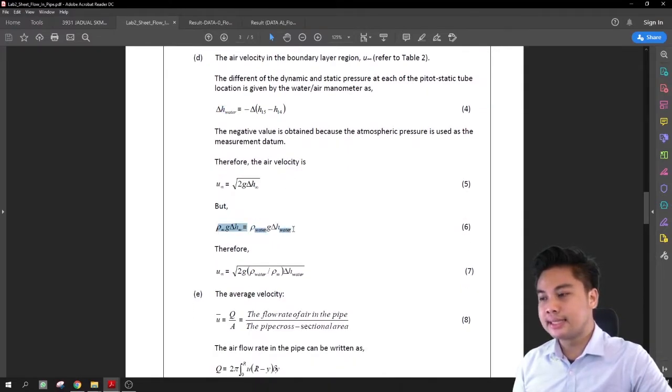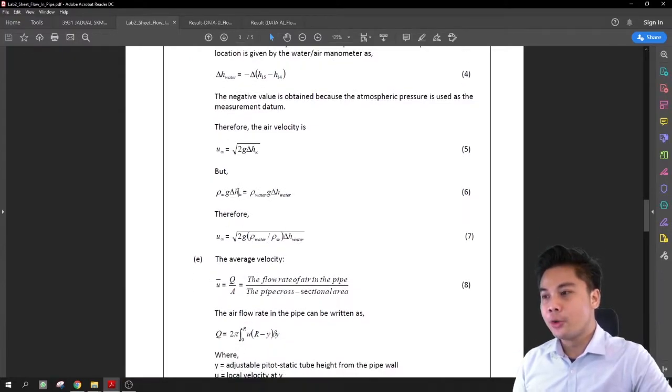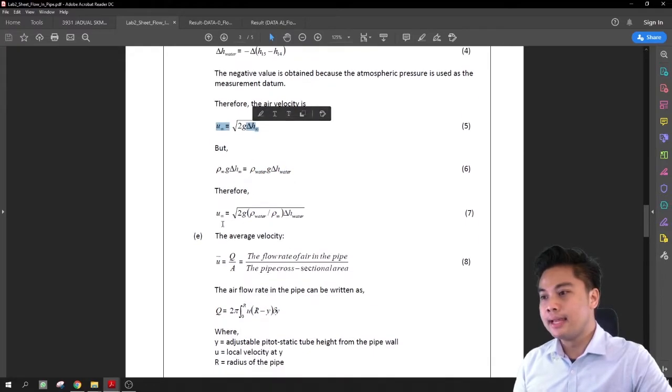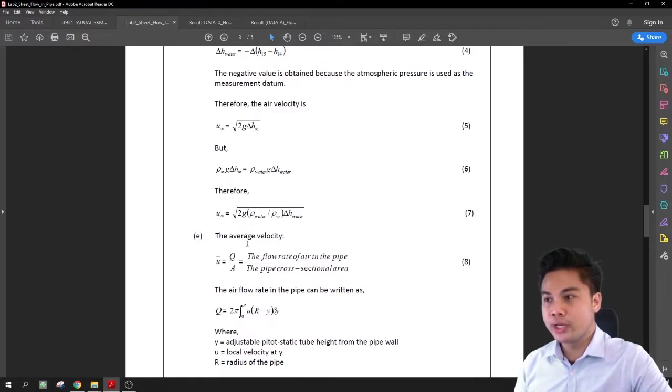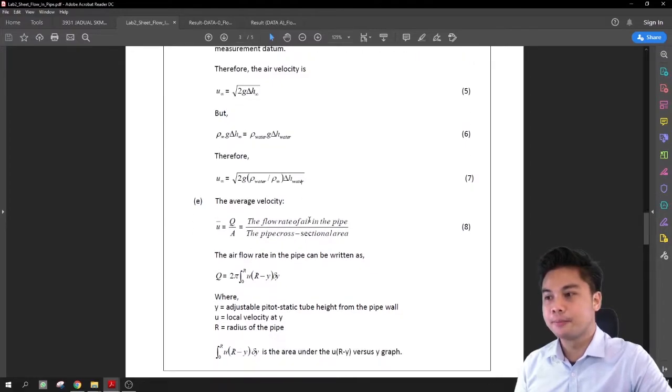Based on these relations, air and water having the same pressure, rho of air g delta H of air equals rho of water g delta H of water. Therefore we move this part to the right side, it becomes division, and then we substitute back into equation 5, leading to equation 7, which is the local air velocity equal to the square root of 2g multiplied with rho of water over rho of air multiplied with delta H of water.